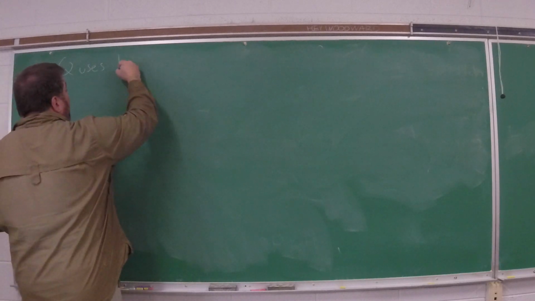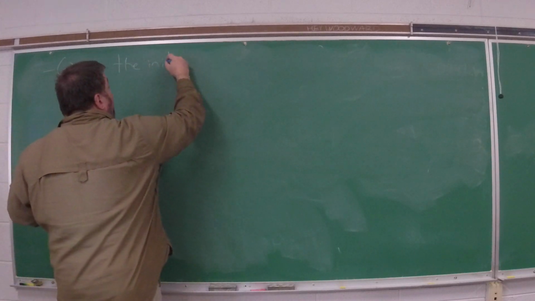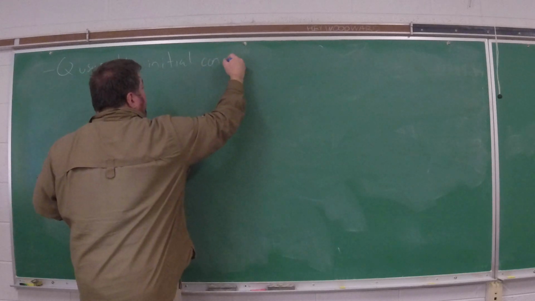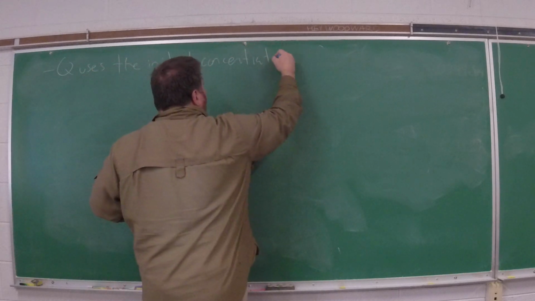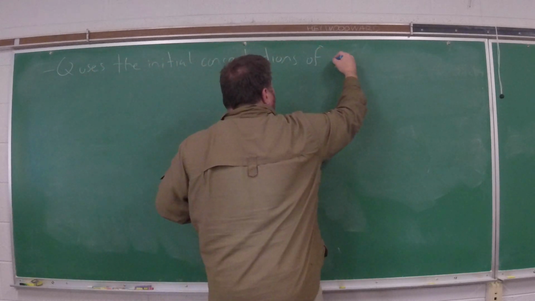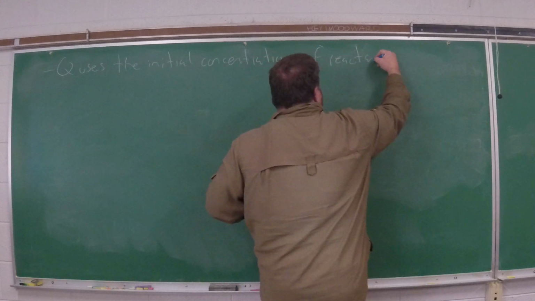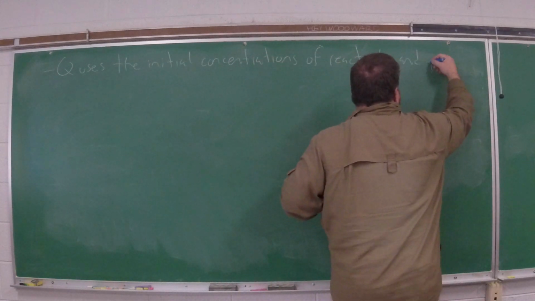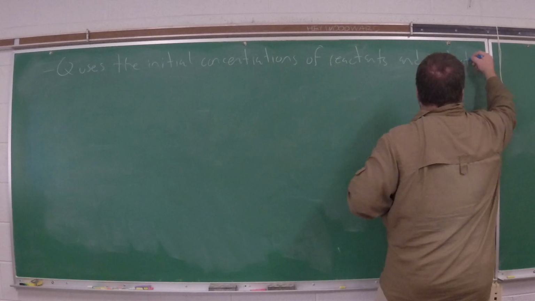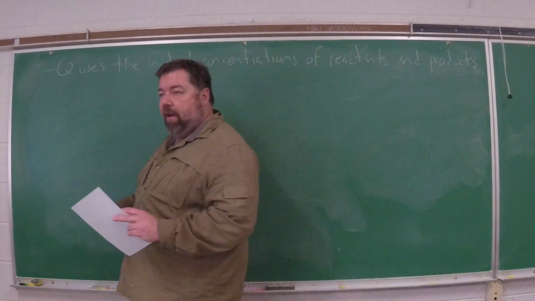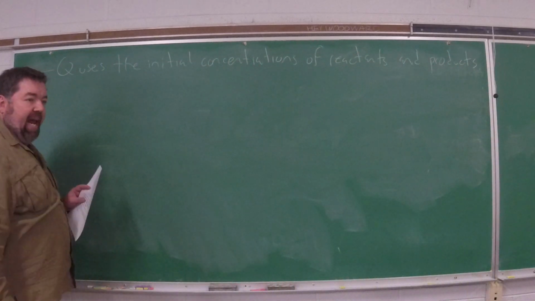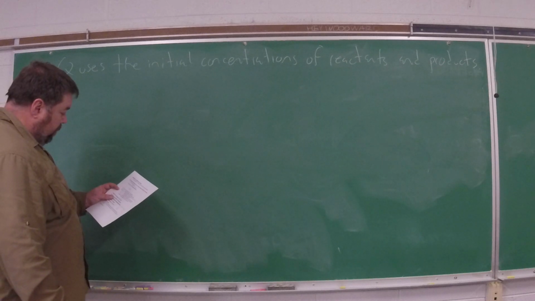Q uses the initial concentrations of reactants and products. Okay, again, that's the difference between Q and K, the equilibrium constant.